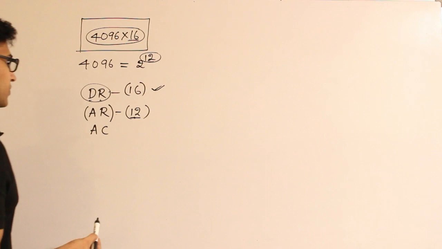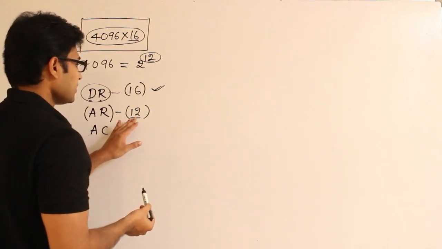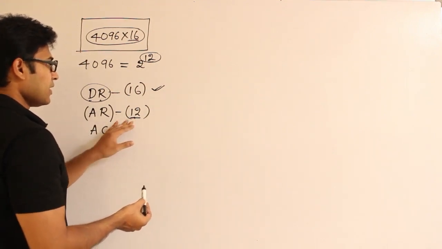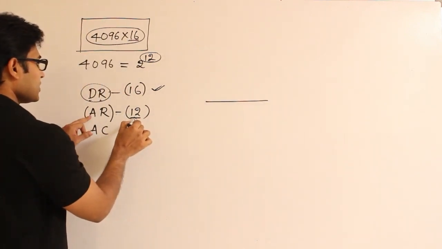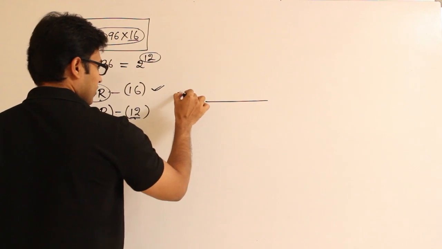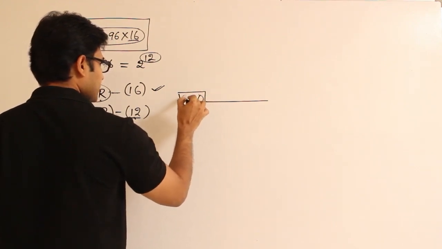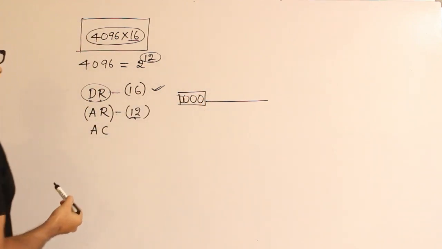Got it? So if you are trying to transmit information onto the 16-bit bus, the least significant 12 bits will be filled with the data present in AR, but the most significant 4 bits will be left as 0000. Got it?